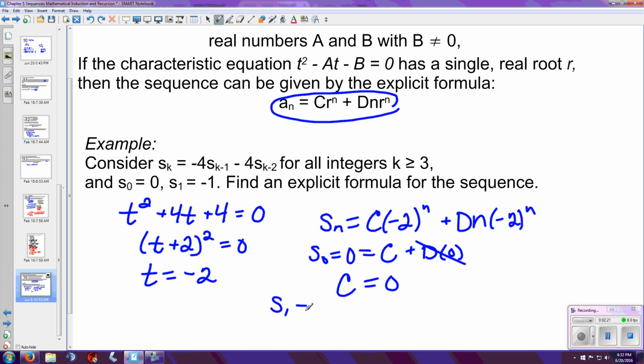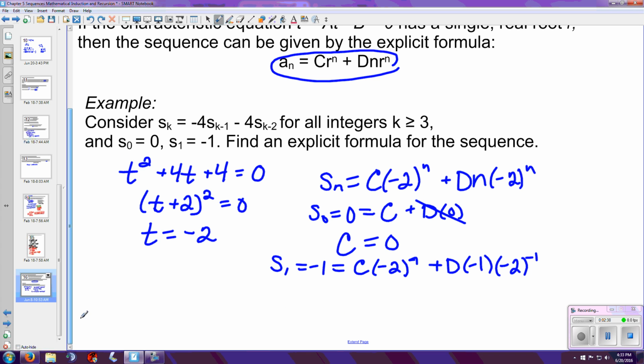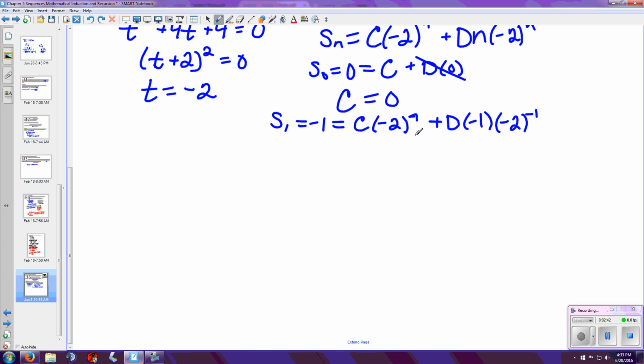So S1 equals negative 1. So that's c times negative 2 to the negative 1 plus d times negative 1 times negative 2 to the negative 1. We know that c is 0 right off the bat, so we don't even have to mess with this.